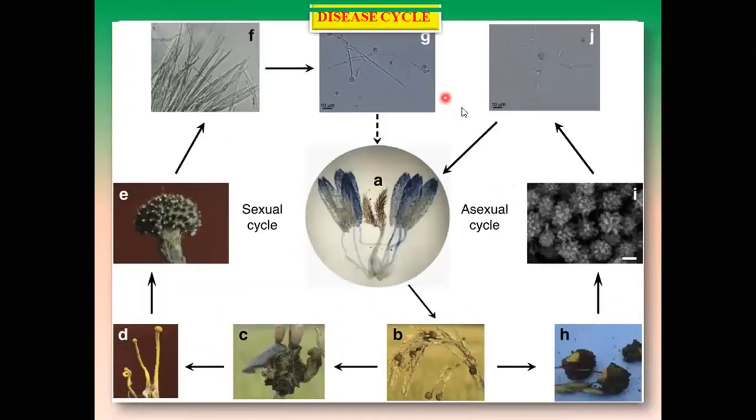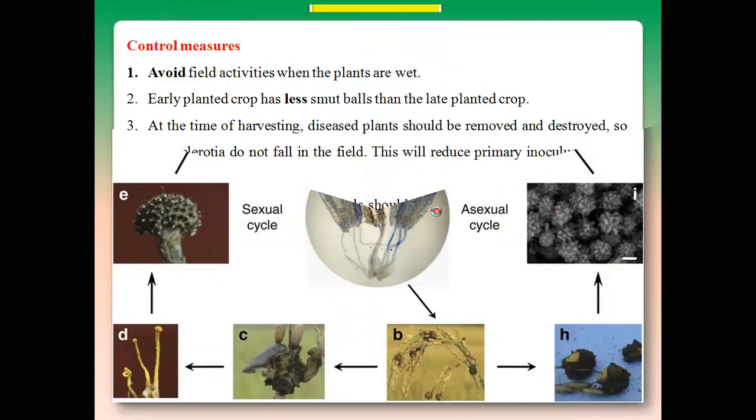Okay, so this is the disease cycle of false smut in rice. This is the asexual cycle, where sclerotia are produced, and in the sexual cycle generally ascospores and asci are produced.